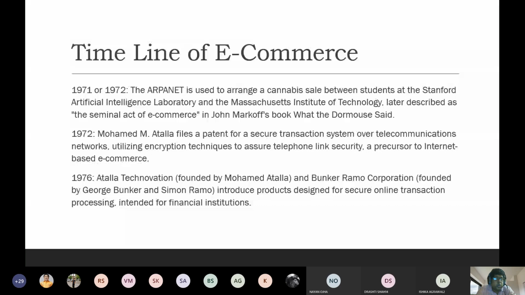So currently, what you are looking at as the telephone exchange and the transactions that happen through your mobile phone, that's all thanks to Atalla Technovation, which went ahead with setting up products meant for doing transactions via your telephone line.